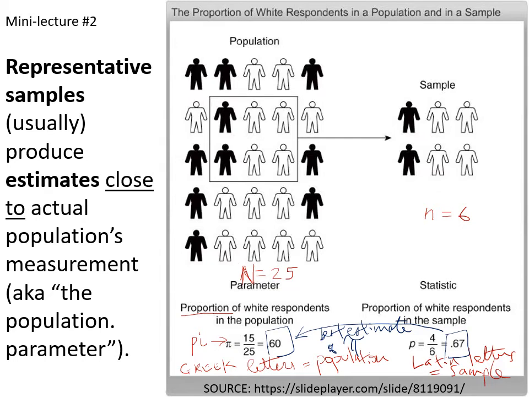What I want you to remember is that representative samples usually produce estimates that are close to the actual population's measurement, or the actual population parameter. And we can come up with a way to describe that in terms of confidence intervals or margins of error.